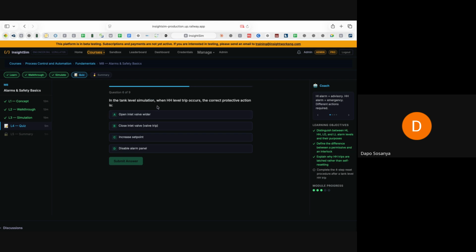In the tank level simulation, when an HH level trip occurs, the correct protective action is: open inlet valve wider, close inlet valve, increase set point, or disable alarm panel. Close inlet valve.